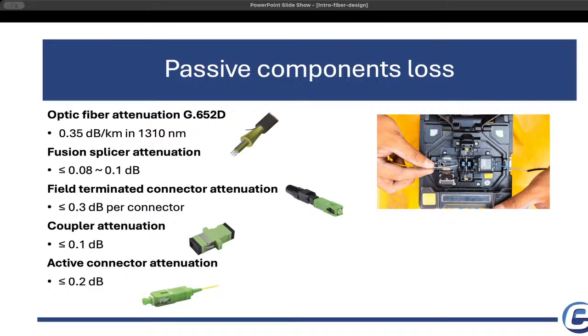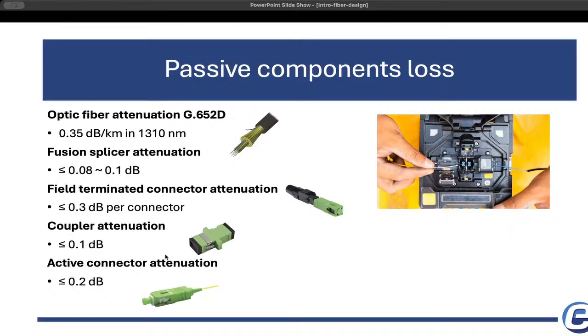I know a lot of people don't use this when starting. They're expensive devices, but they give you very, very low loss. It goes from 0.08 to 1. In contrast, a field terminated connector gives you 0.3.